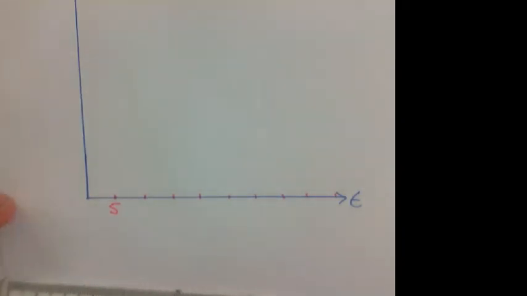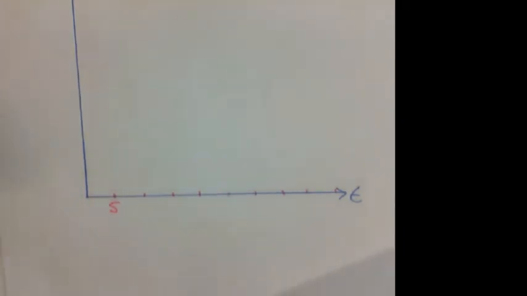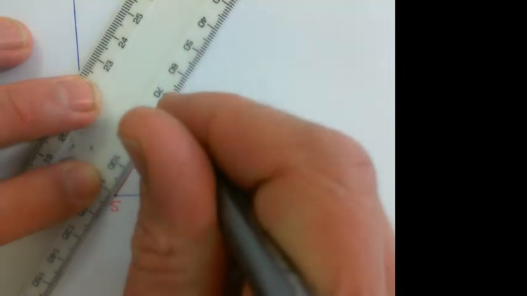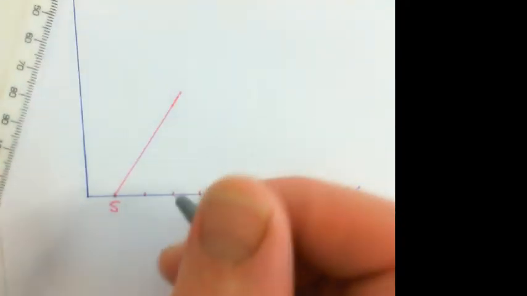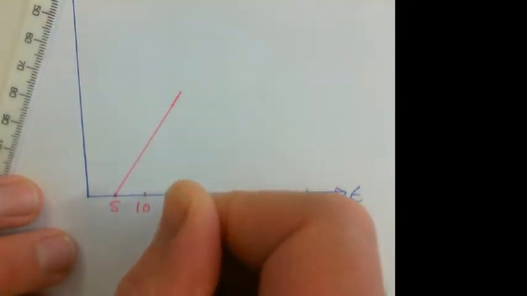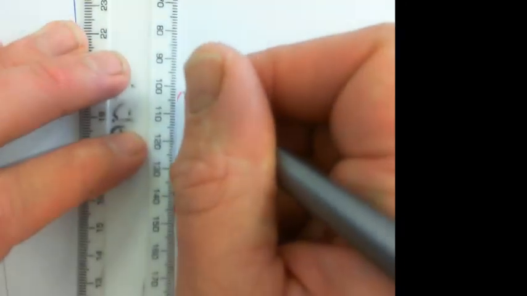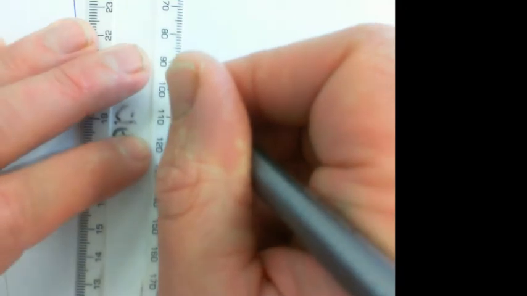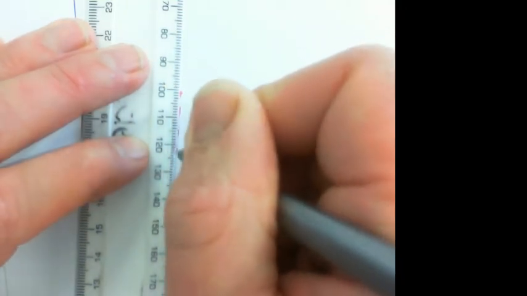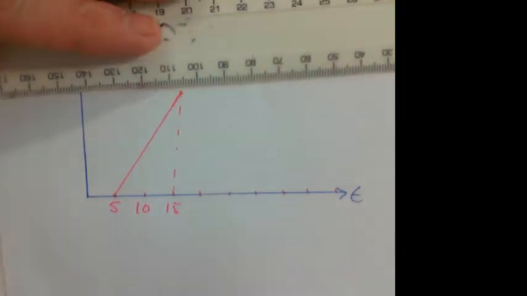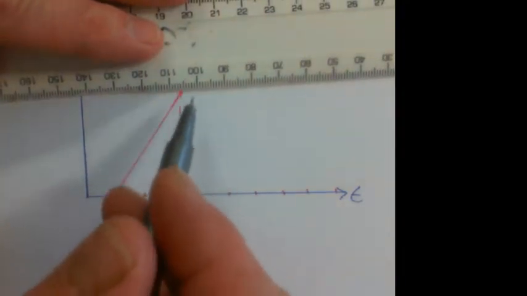But when I do get started, I walk at a constant speed, so my distance is increasing at a constant rate. Let's say I do that for 10 seconds, so that's 10, 15, and let's say I do that for 100 meters.